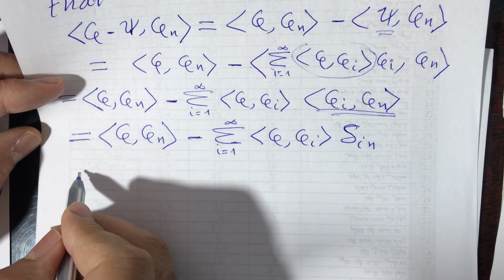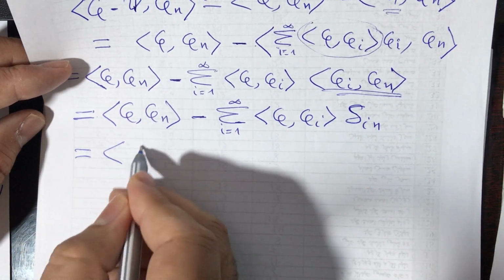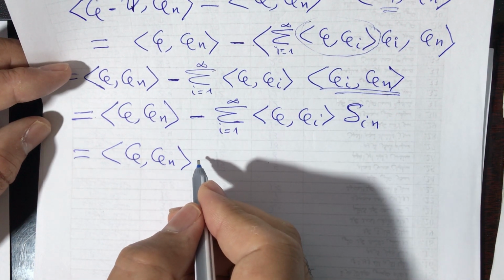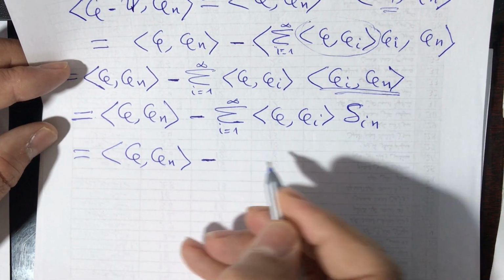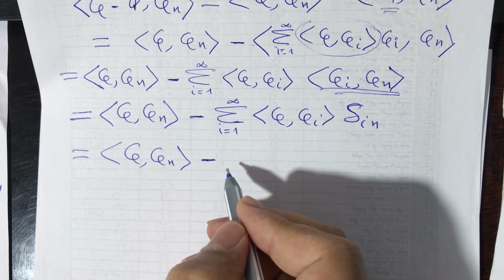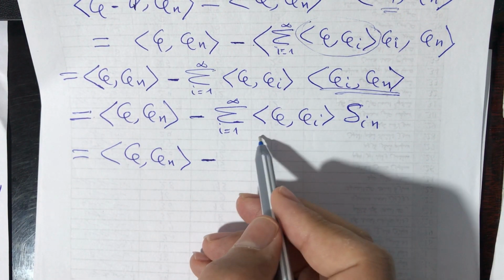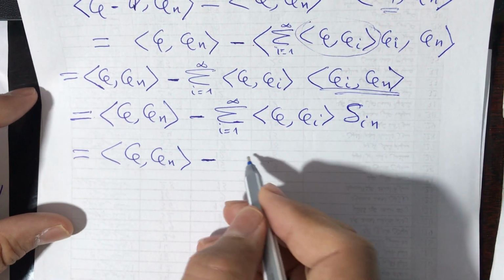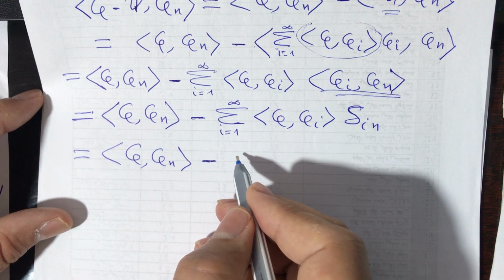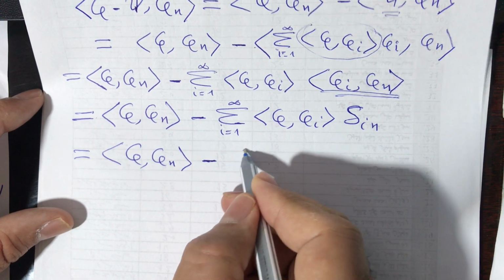That means this is equal to phi n minus, and this summation is equal to phi n.